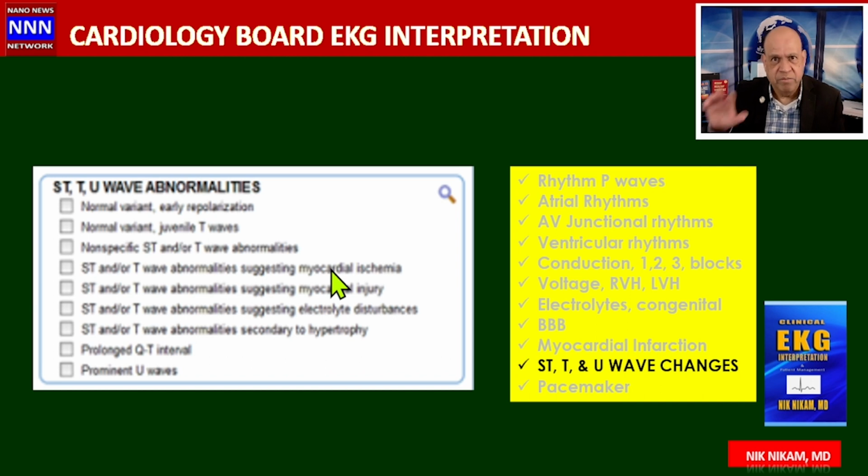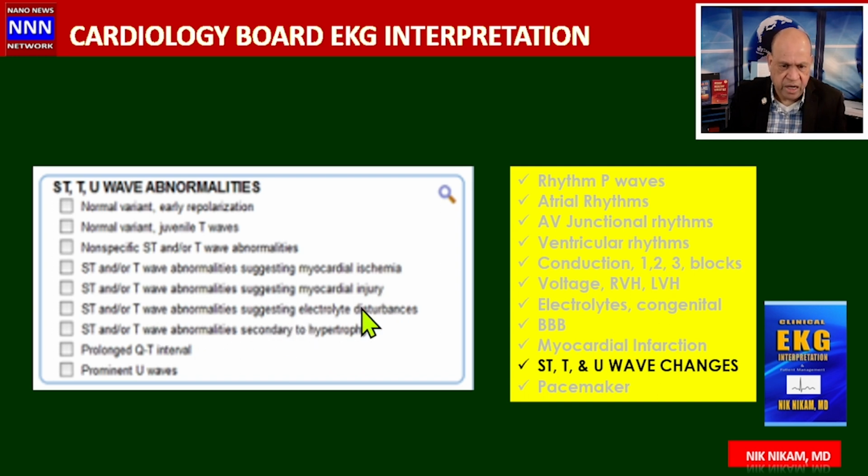Myocardial ischemia means it is not an acute infarction like myocardial injury, where you see ST elevation and hyperacute T waves. Myocardial ischemia refers to changes associated with ST depression, T wave inversion, whereas myocardial injury is characterized by hyperacute T waves with ST elevation.